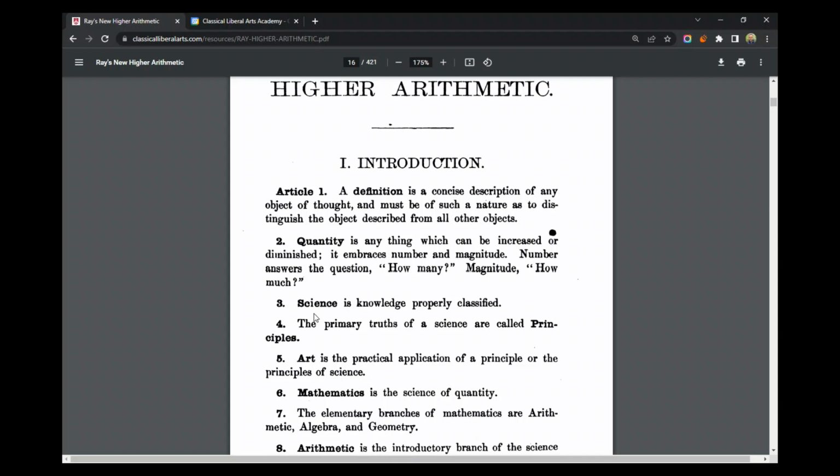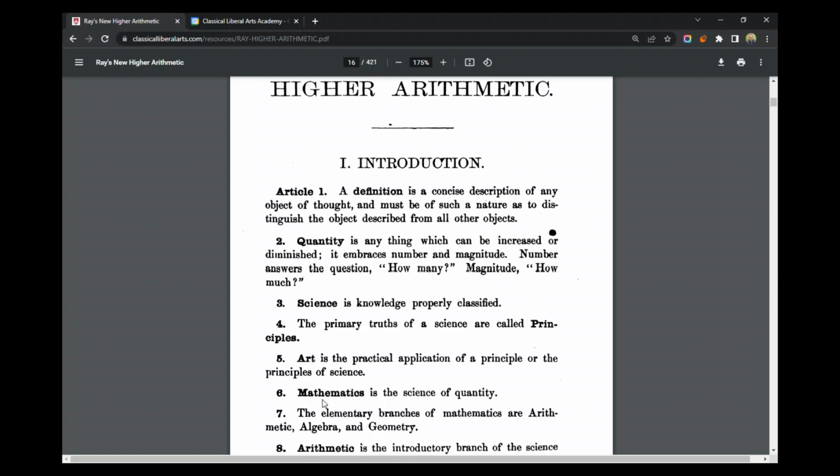Article number 3. Science is knowledge properly classified. And again, if we look down to rule number 6, we see mathematics is the science of quantity. So mathematics is classified knowledge of quantity.